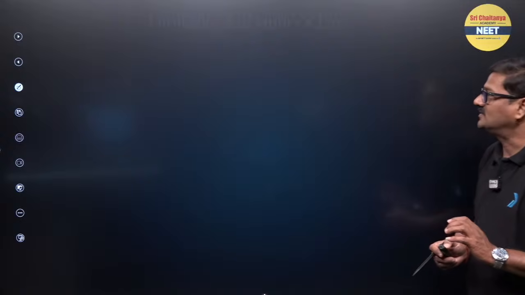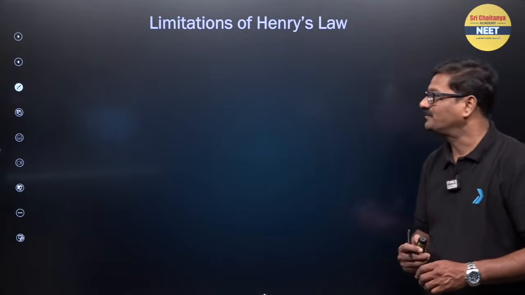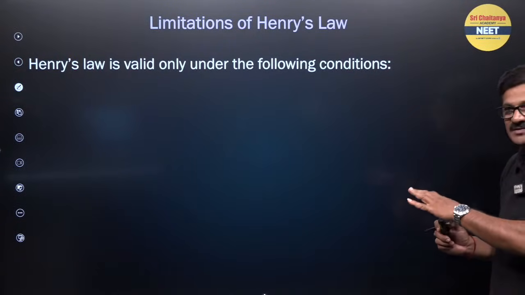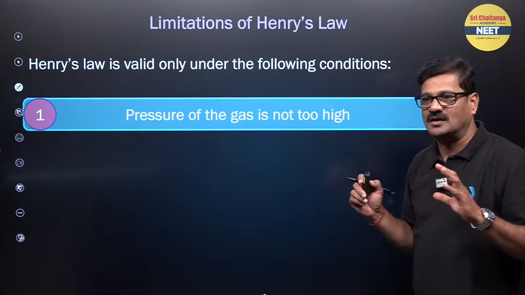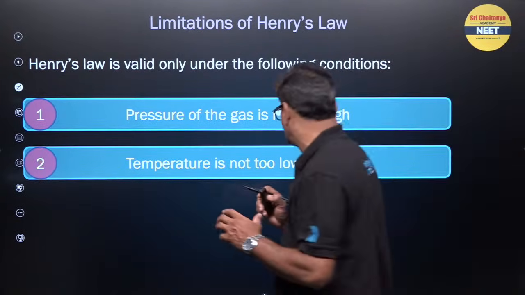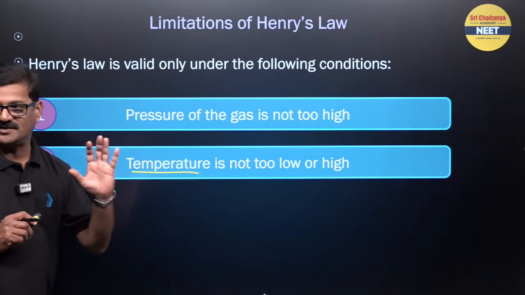Now, children, you can see limitations of Henry's law. Henry's law is only valid under certain conditions. Pressure of the gas should not be too high and not too low. And also temperature should not be too low or high, and temperature should be constant.